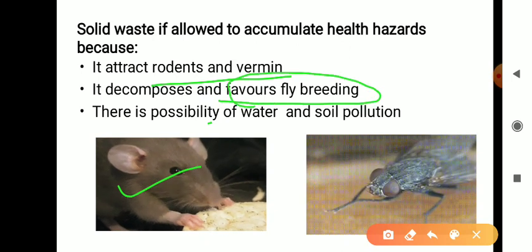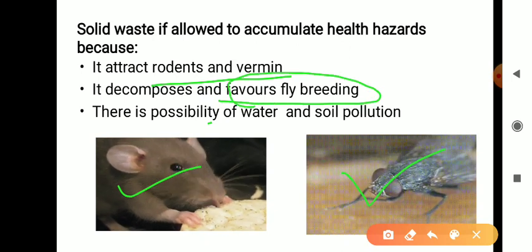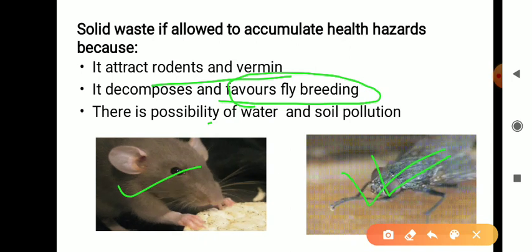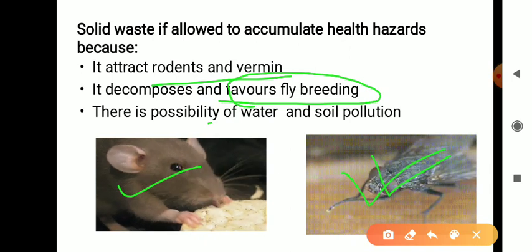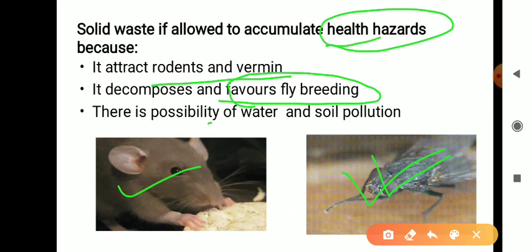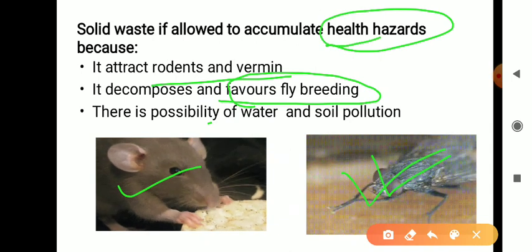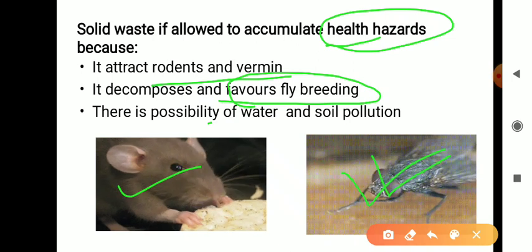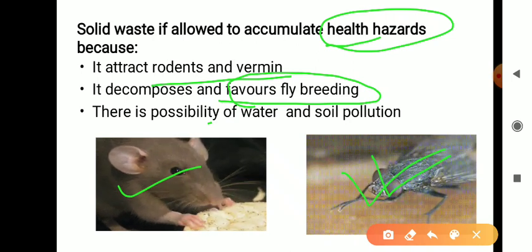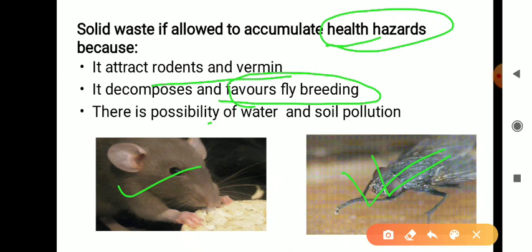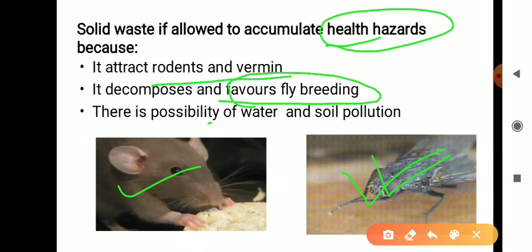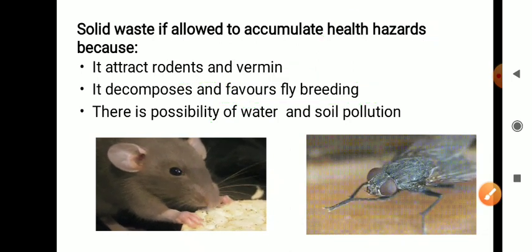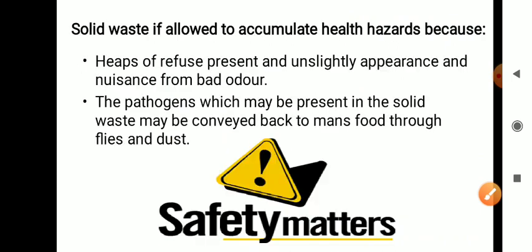If flies breed, automatically the fly population will increase, so automatically they will be a health hazard for us. And if they sit on the solid waste, they will carry some microorganisms to the houses and to the food, and it is a carrier of microorganisms, we can say.